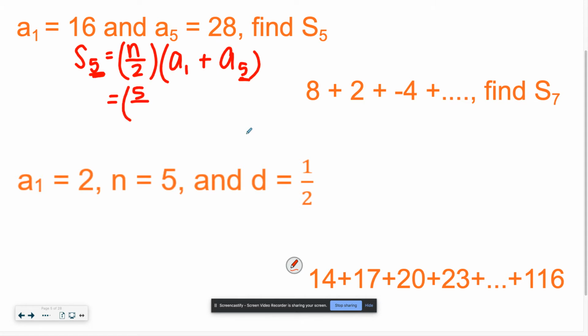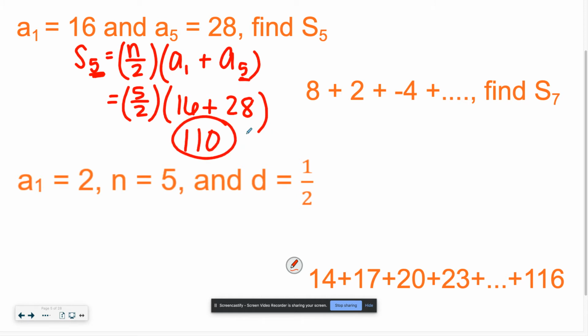So 5 divided by 2. We have our first term, which is 16, and our 5th term, which they tell us is 28. So I'm going to simply do 5 divided by 2 times the quantity 16 plus 28. So the sum of the first 5 terms is going to be 110.